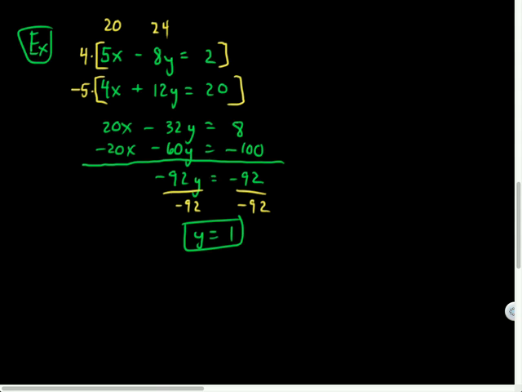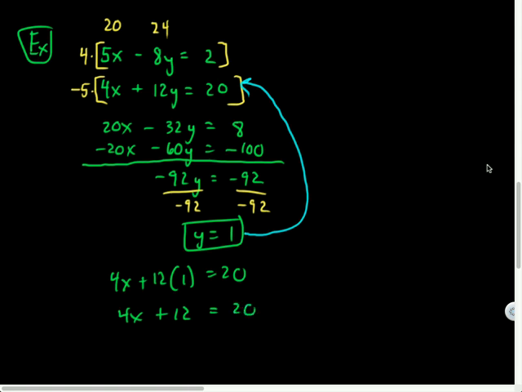And then what we'll do from here is what? How do I solve for x? Yeah, which problem you guys like? I like the 4x one too, sure, why not? So we'd have 4x plus 12 times 1 equals 20. 4x plus 12 equals 20.